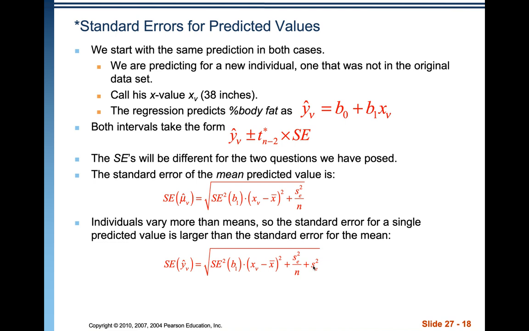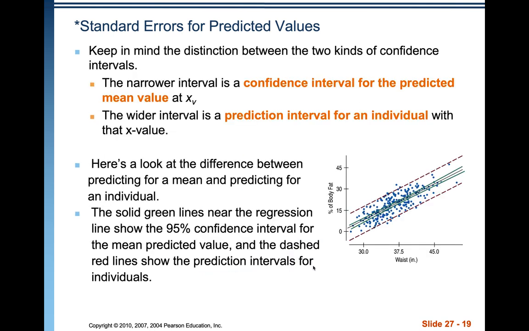So we add an extra variance of the residuals underneath the square root sign, and that adjusts the margin of error in just the right way to account for the increased variability among individual responses.